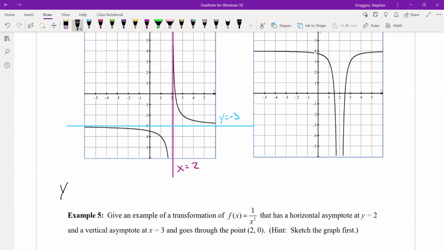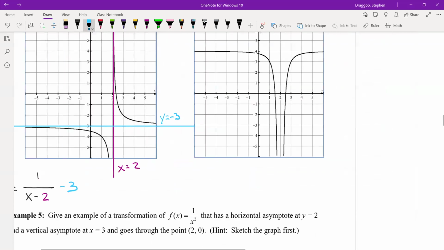So my graph, which looks like a 1 over x graph, rather than 1 over x squared, must be 1 over x minus 2, and then -3.